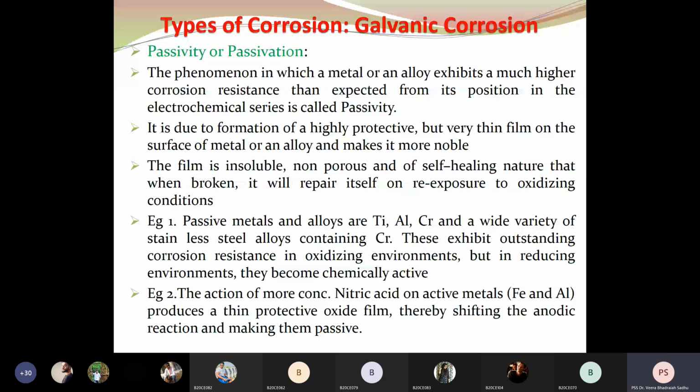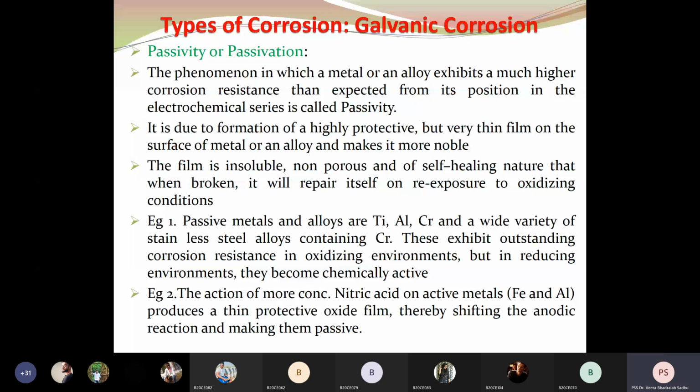So it will repair itself on re-exposure to oxidizing conditions. That is called a passivation layer. For example, metals like titanium, aluminum, chromium. This type of metals are widely used in industry to protect the metals.